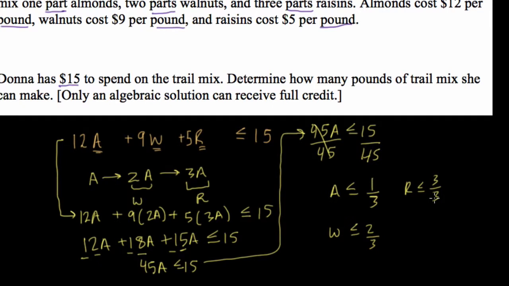She wants to spend all of her money on this. So that just means that we're going to have 1/3 of a pound of almonds, right? So in fact, we can say how many pounds of trail mix can she make?